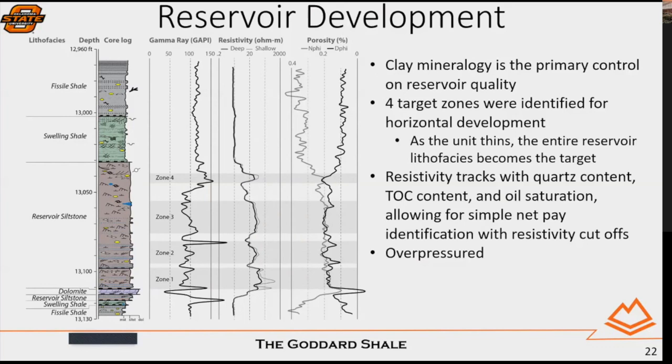Okay, and the resistivity curve is again showing as a great proxy that we can use to identify net pay. We have a lot of variables that trend right with the resistivity curve, such as quartz, TOC, oil saturation, and clay content.